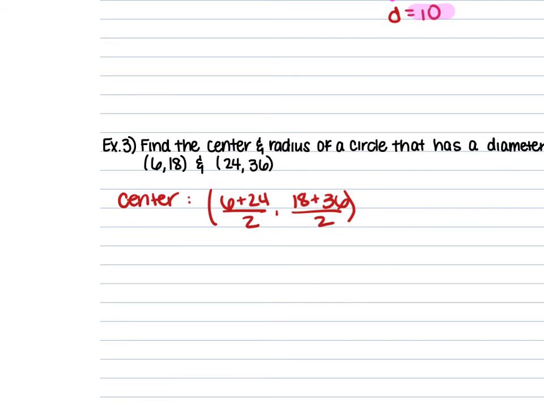So with this, the 6 and the 24 give us 30 over 2. And the 18 plus 36 gives us 54 over 2. If we divide both of these numbers by 2, we have the ordered pair (15, 27).